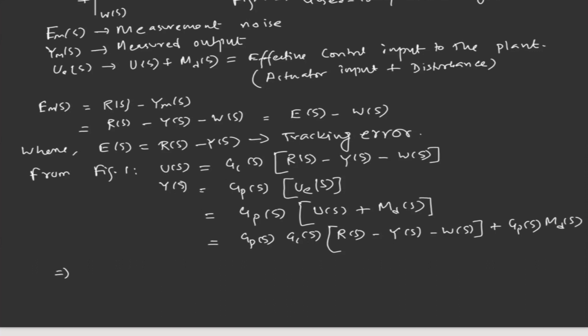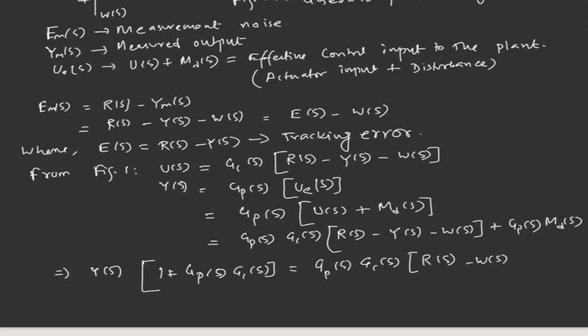Again, you can write Y of S into 1 plus GP of S GC of S equal to GP of S GC of S into RS minus WS, plus GP of S MDS.